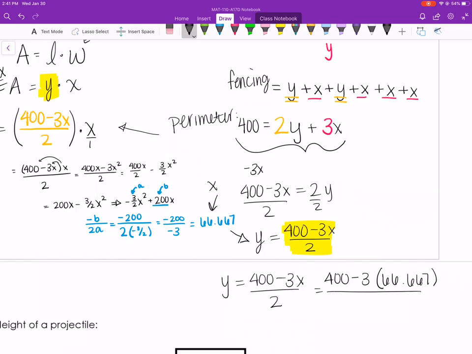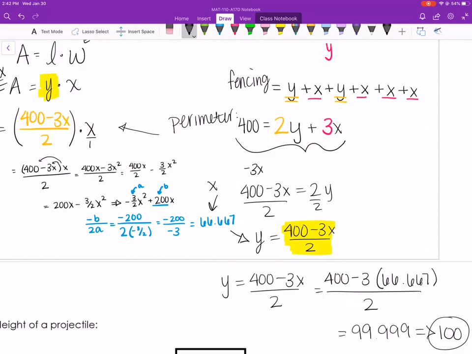66.667 all over 2. Put all that in your calculator, and that will give me 99.999, which will round up to 100.